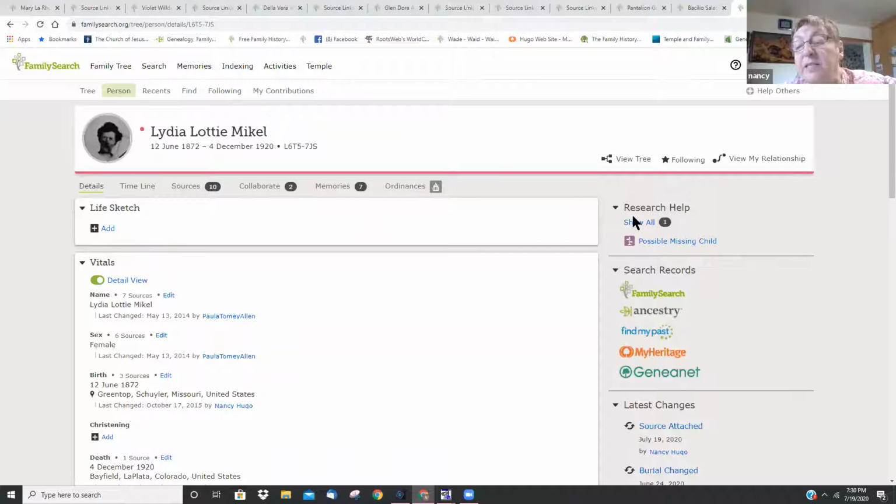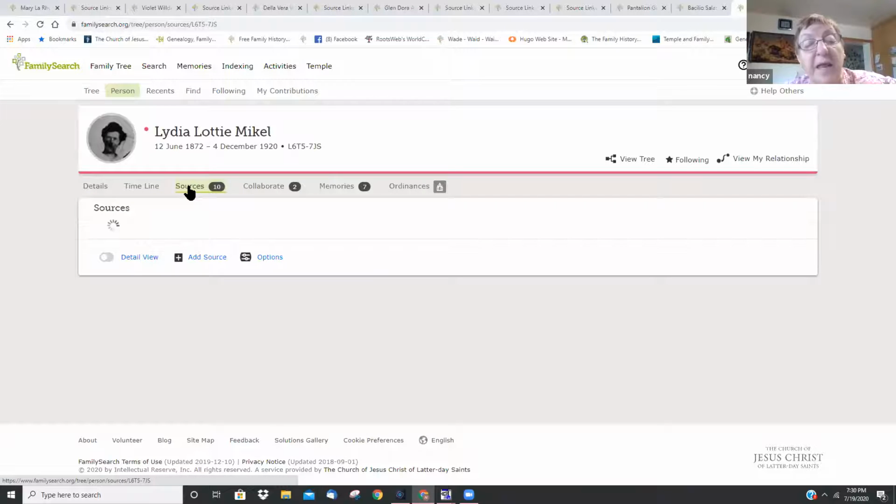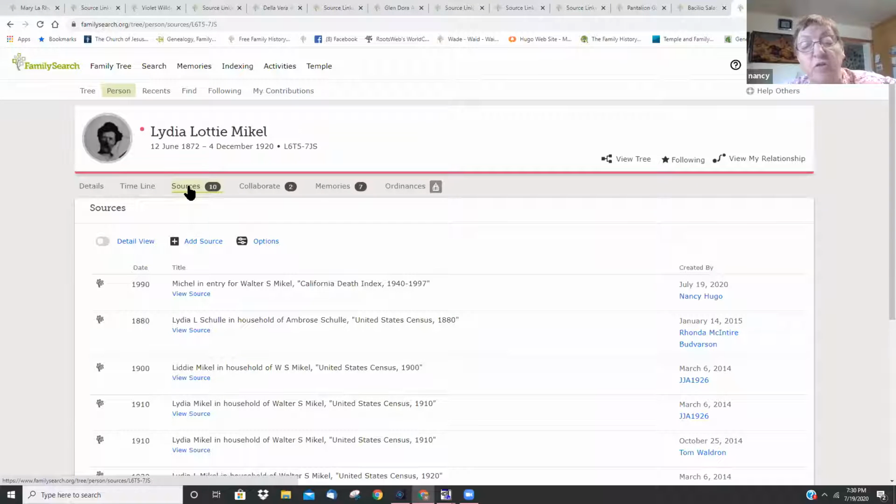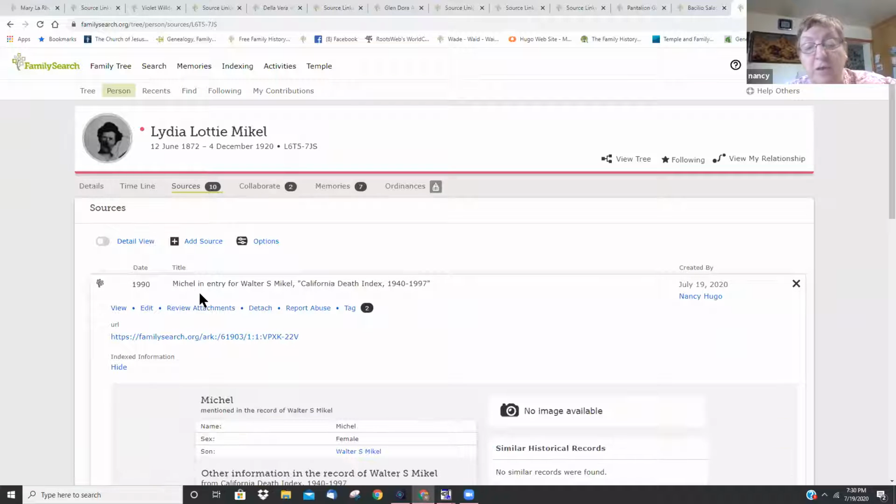And if you'll notice, it no longer shows that hint. But now instead, it will show that hint listed down under the sources. And so it will say the person spelling M-I-C-H-E-L in the entry for Walter S. Michael in the California Death Index. And if I click to review sources, it's going to give me the option to review the attachments.